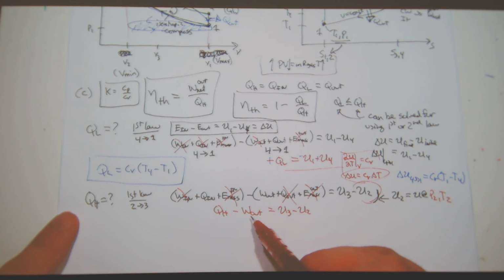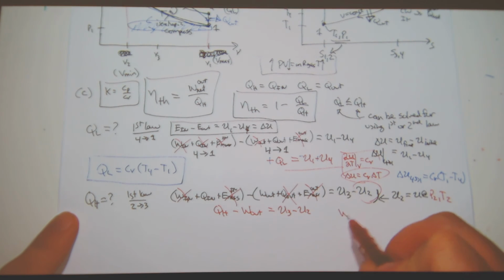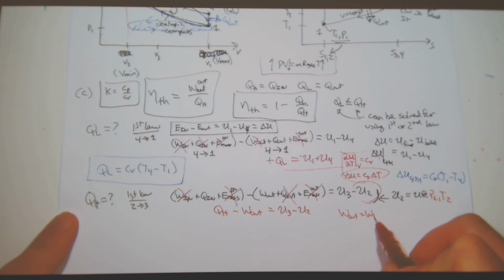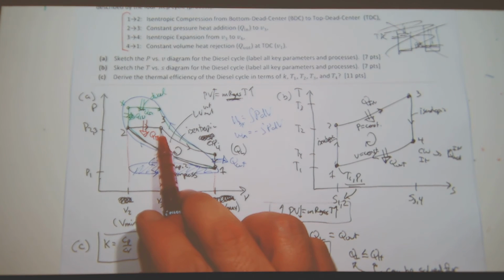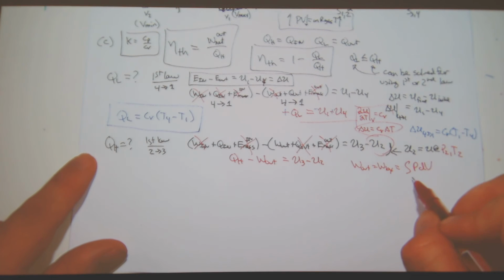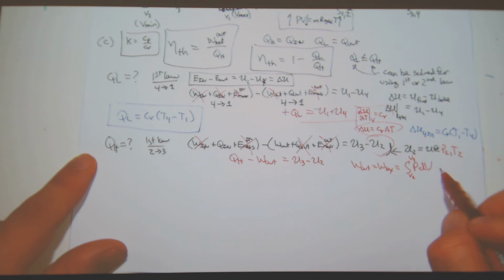What is work out? Well, this is work by the system. So work out equals work by, which equals the integral of P dV. And when I go from 2 to 3, it's constant pressure. So this integral is just a constant pressure integral from V2 to V3, which then just means P2 times V3 minus V2.